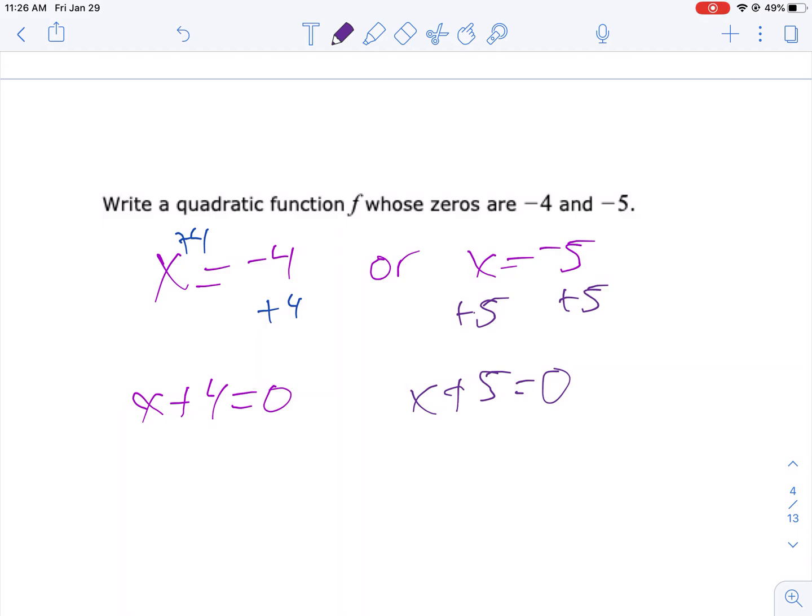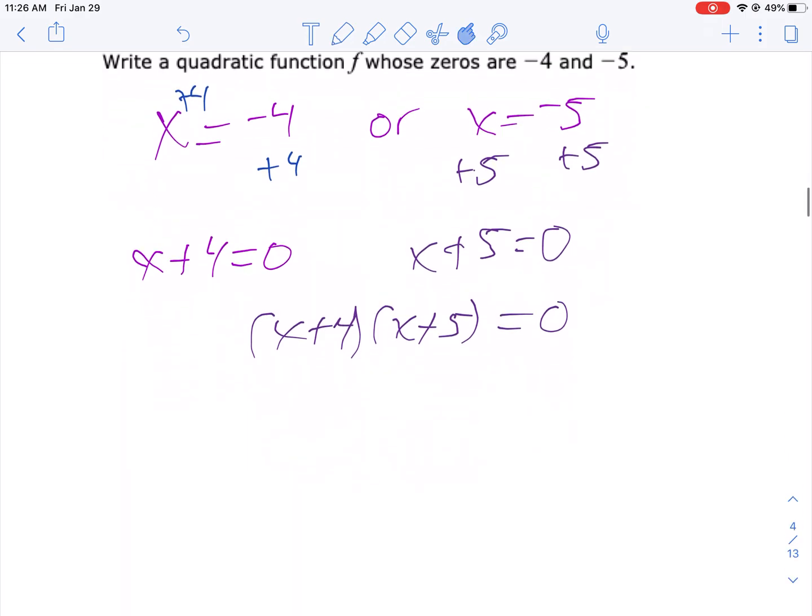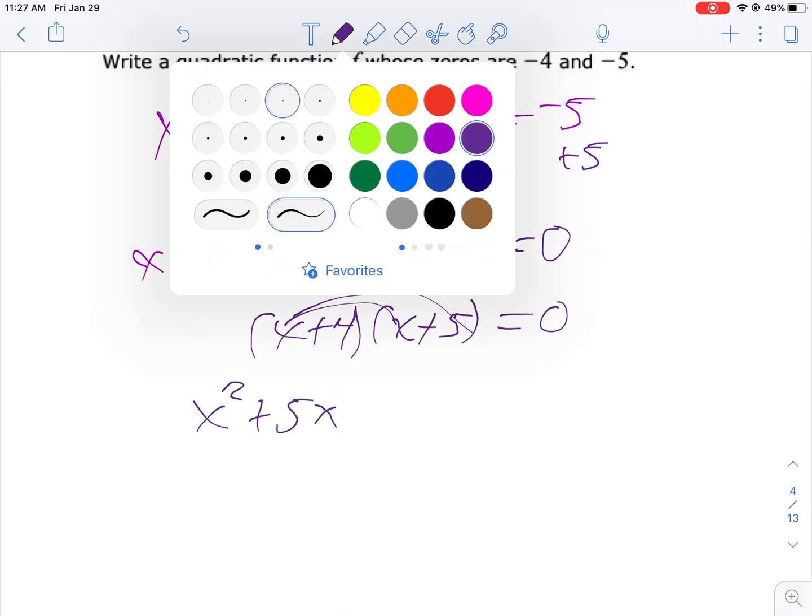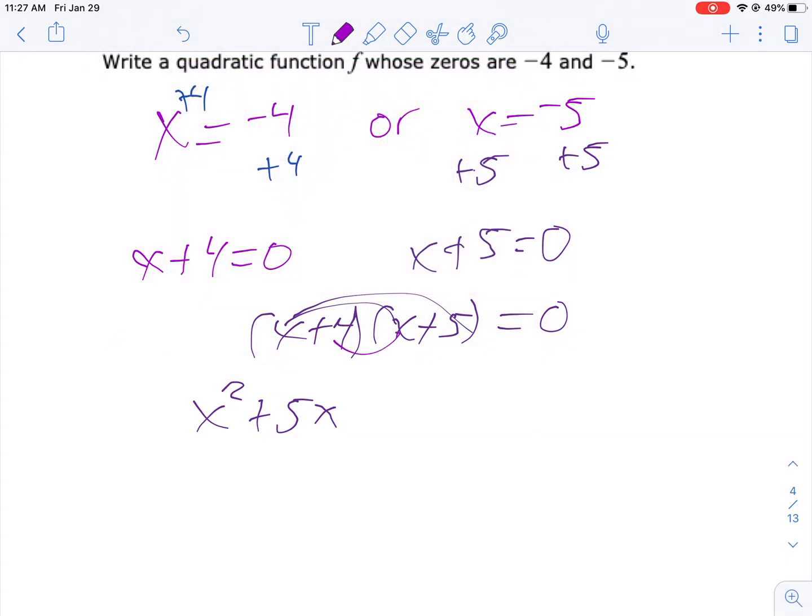At this point, we'll use the zero product property. So x plus 4 times x plus 5 equals 0. Well, let's do our double distribute. Let's distribute the x to both of those. So we get x squared plus 5x. Let's distribute the 4 to the parentheses.